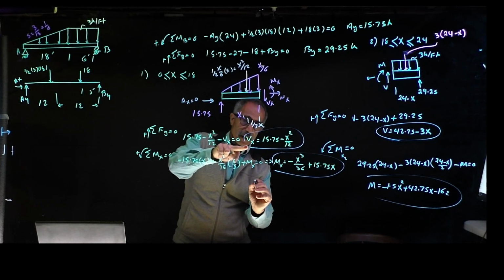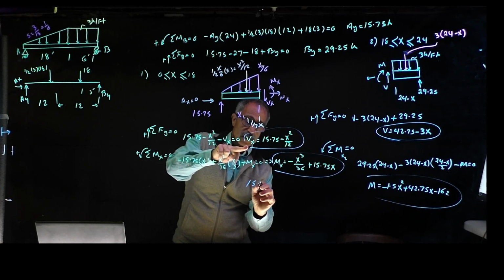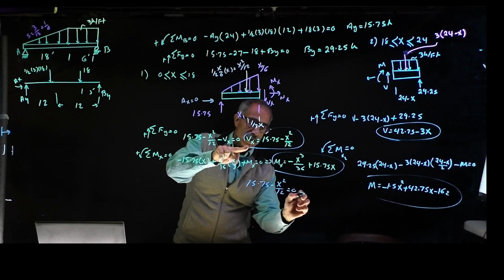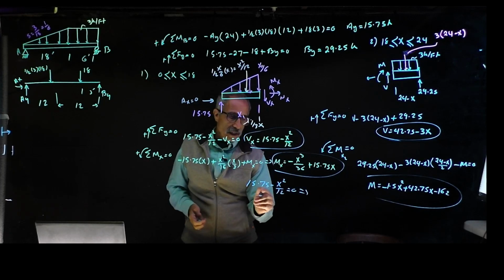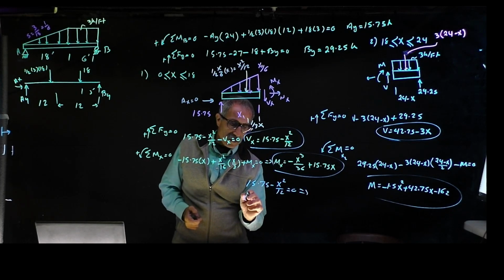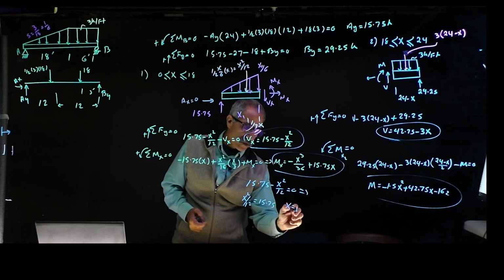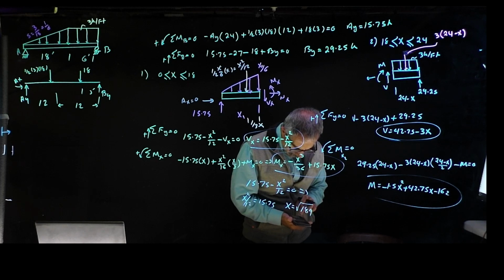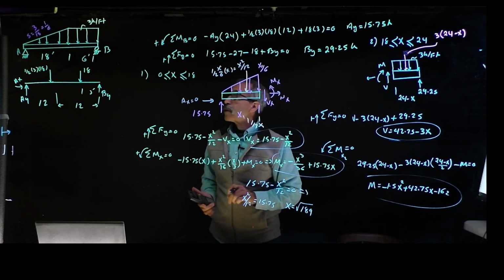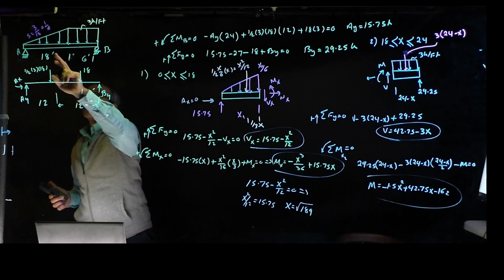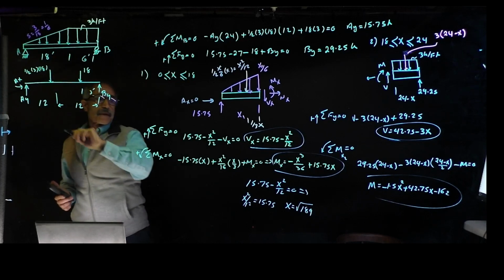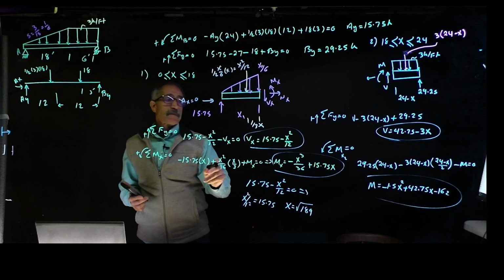So I'm going to say, okay, 15.75 minus x squared divided by 12 is equal to 0. You know how to do this. x squared divided by 12 is equal to 15.75. Multiply by 12 and take the square root, and your x comes out to the square root of 189, so it's going to stop at 13.74 someplace around here. So that's where your shear is going to be 0.